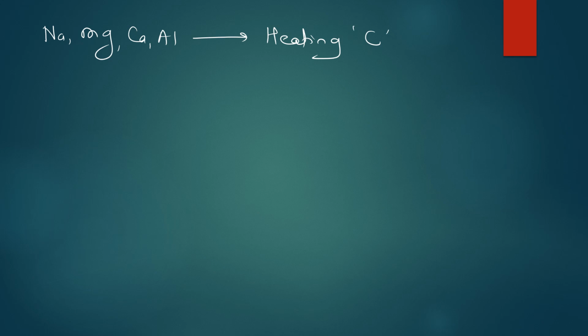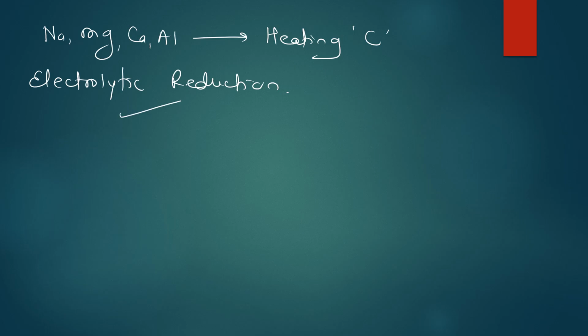So how can we remove them? We are using the electrolytic reduction process for the extraction of these highly reactive metals. Why? Because these metals have more affinity towards oxygen than carbon. So these metals are obtained by electrolytic reduction.